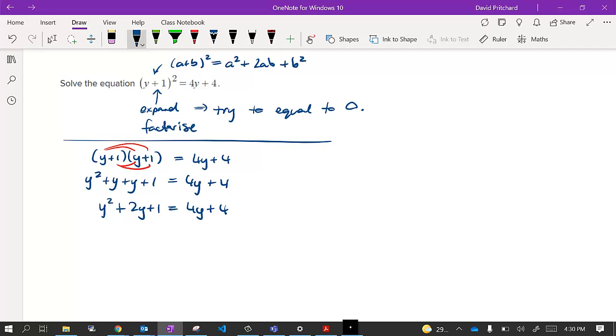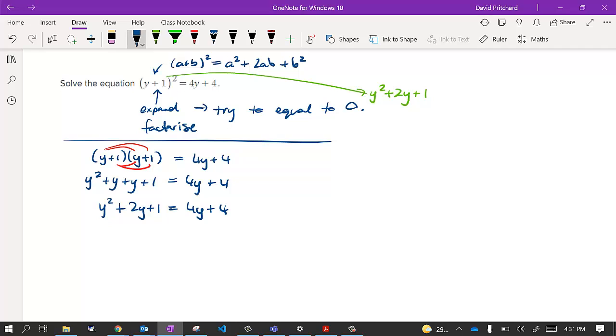Now, if you remember this pattern straight away, the alternative there is to just use the pattern and go, okay, so a squared is y squared. 2 times y times 1 just gives me 2y. And then 1 squared is 1. So we can jump to that y squared plus 2y plus 1 in one line if we know that pattern.